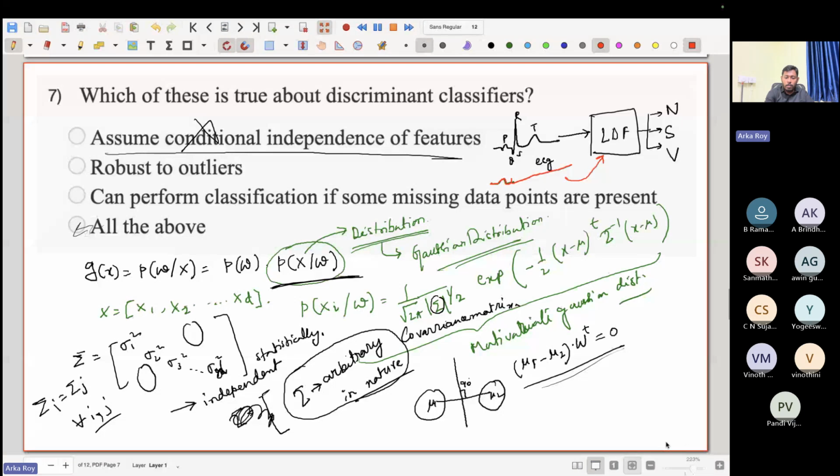Therefore, stating that it can perform classification even if some missing data points are present is not the correct interpretation. At the same time, the second option says that it is robust to outliers.